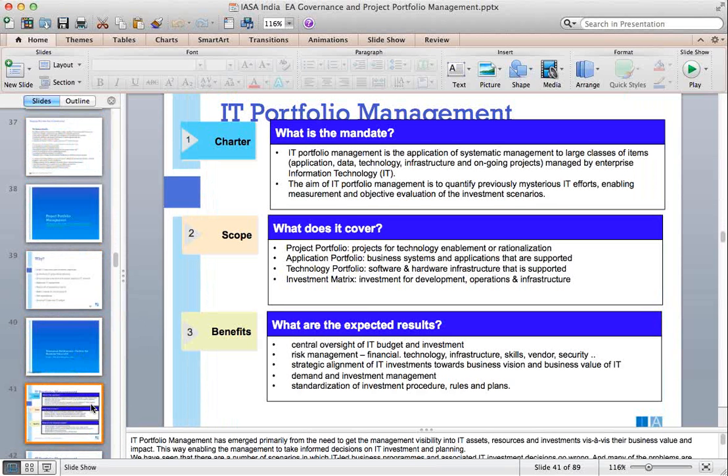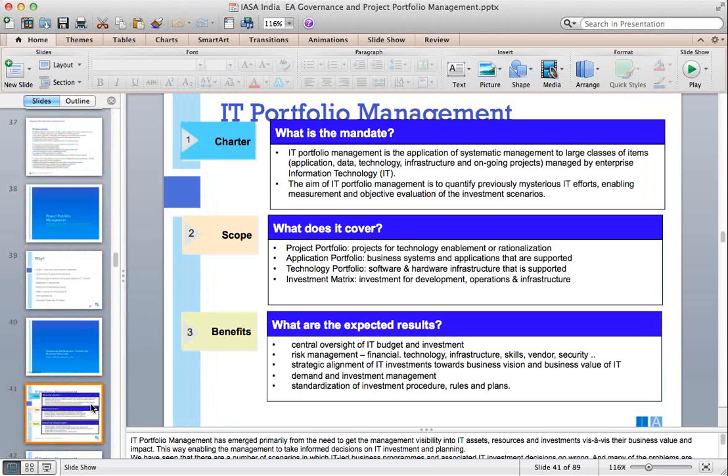Where there is a change in the architectural delivery model, you will have to change your items within your portfolio. And that's where strategic alignment comes in. You need to cover demand and investment management, obviously, coupled with bullet 3 and bullet 1, and look at some of the standardization, best practices, and some of the governance and the standard approach that enterprise architecture frameworks or project portfolio management frameworks or the corporate governance bring in.